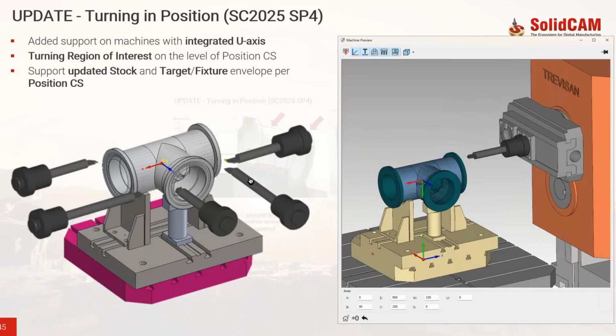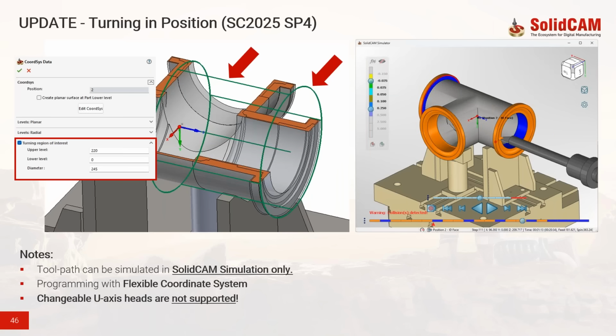The reason it is still in beta is because we currently have it only for the SolidCAM simulation. There is no machine simulation, all right? And currently we support only the U-axis that is integrated, not with changeable heads. This is programming with a flexible coordinate system only. And over here, you can see the results, how it looks in SolidCAM Simulator.